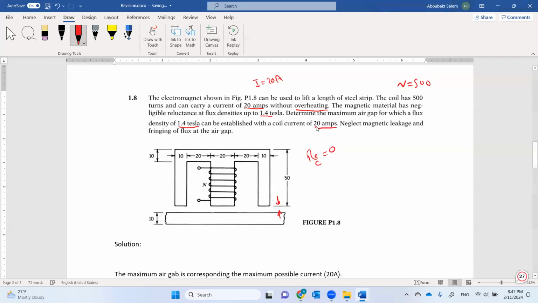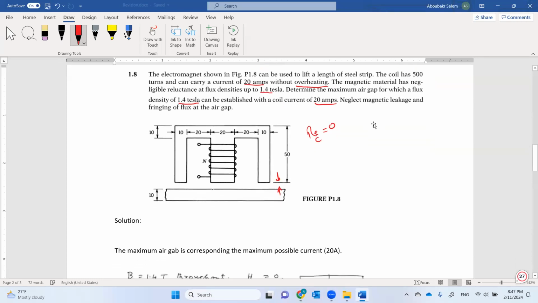So this is going to be the maximum air gap length according to the 20 ampere. And we mentioned leakage and fringing is neglected. Okay.